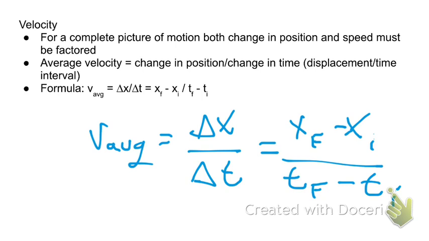So you could write it out like that. And anytime you see this delta, this triangle, that means change. So change in time, change in position.